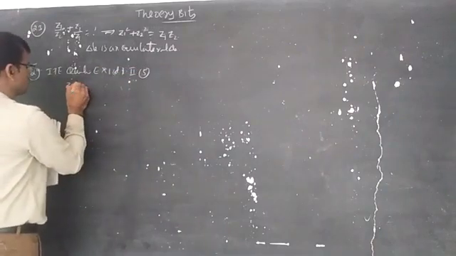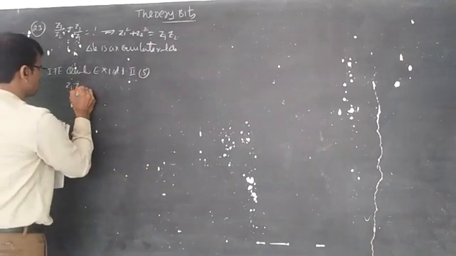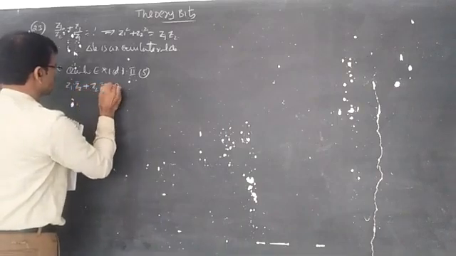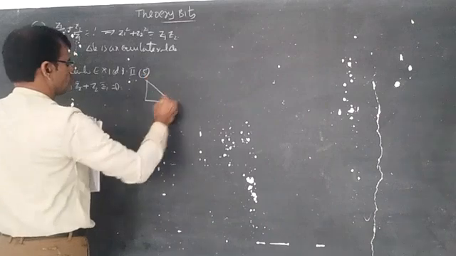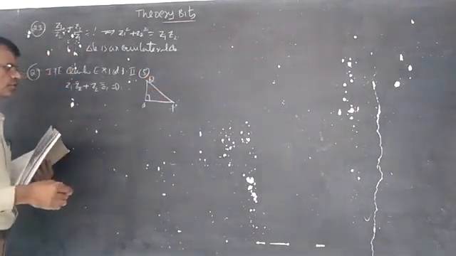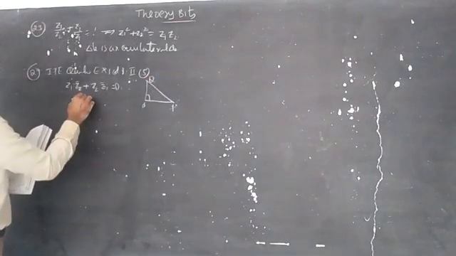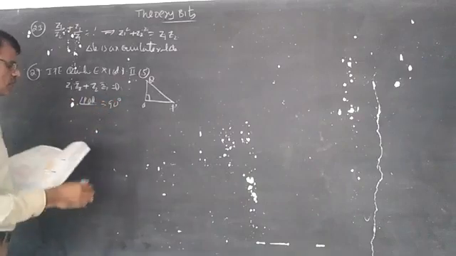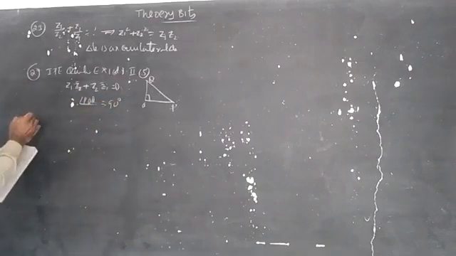There the question is given like this: Z1 Z2 bar plus Z2 Z1 bar is equal to 0. Then we have proved that with O, P, Q, OP is perpendicular to OQ, angle POQ is equal to 90 degrees.